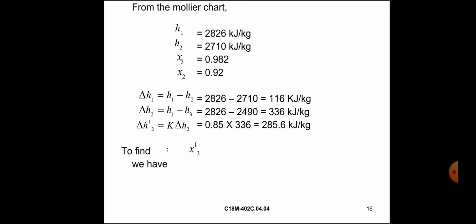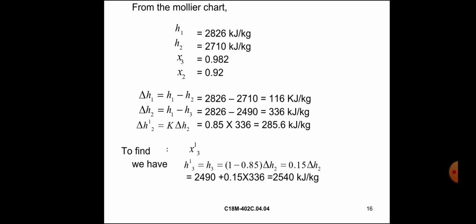To find x3', we have h3' = h3 = h2 minus 0.85 Delta H2, that is h2 plus 0.15 Delta H2, equal to 2490 plus 0.15 into 336, which equals 2540 kilojoule per kg. h3' value is 2540 kilojoule per kg.